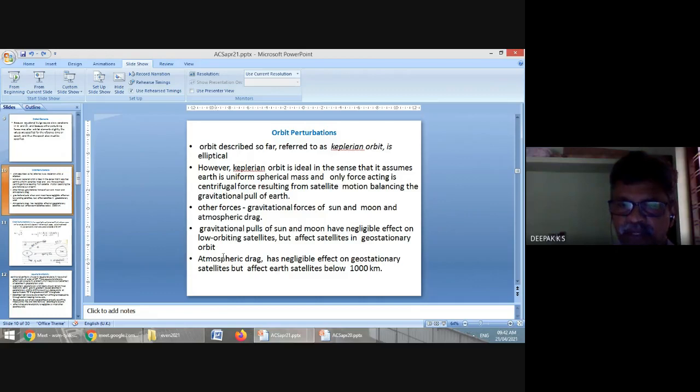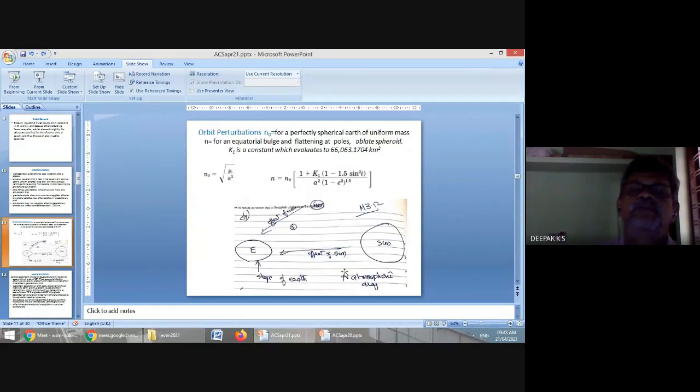However, there could be low orbiting satellites on which these forces have negligible effect. Atmospheric drag has negligible effect on geostationary satellites, but affects satellites below 1,000 kilometers. So we have to account for the orbit perturbations.